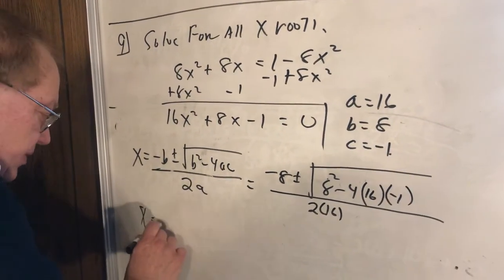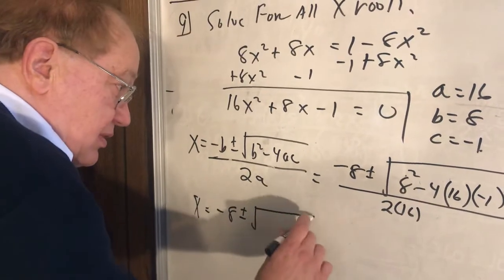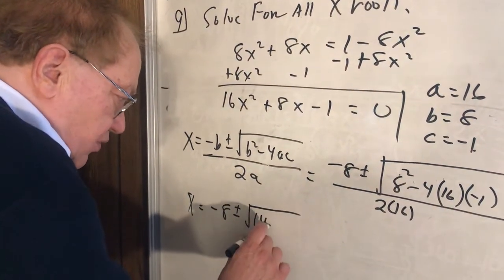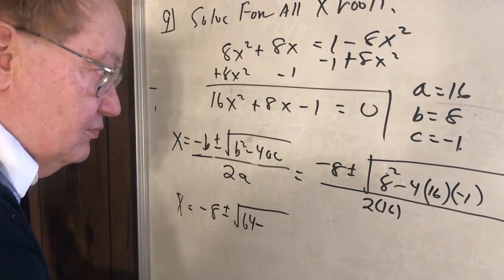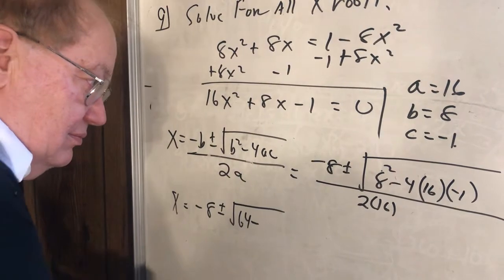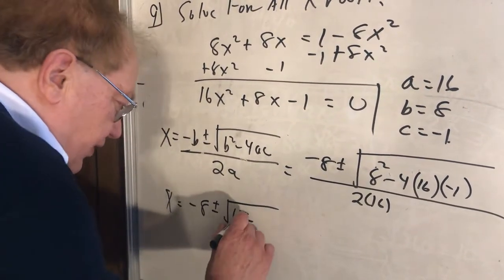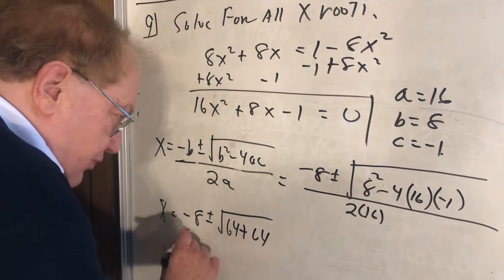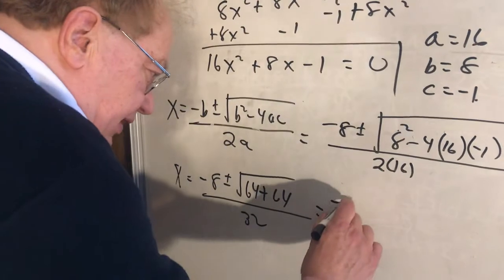So x is going to be minus 8 plus or minus the square root of 64. Actually, wait, because it's two negatives, it'd be 64 plus 64. Oh, plus 64, that's right, over 32.